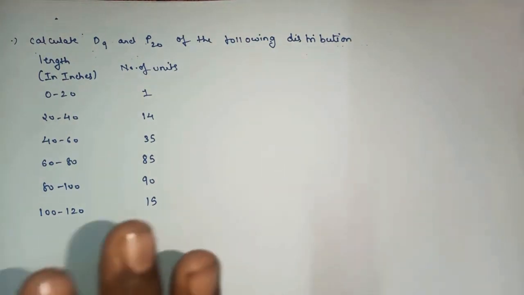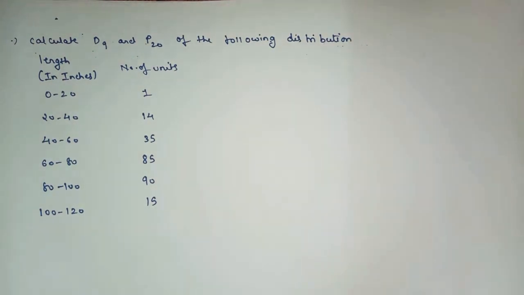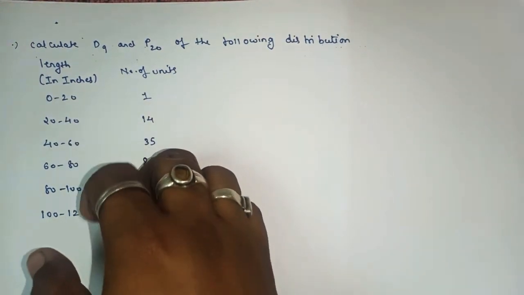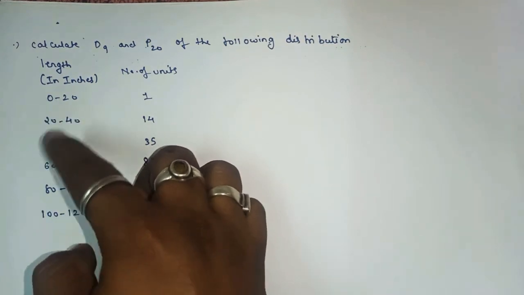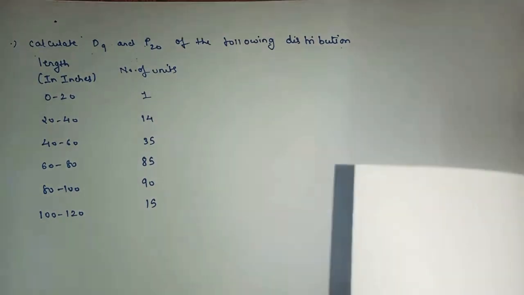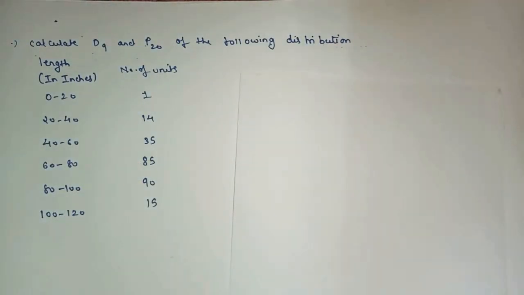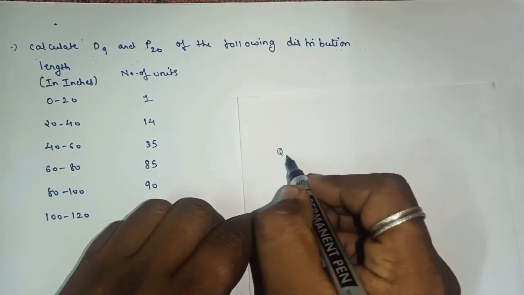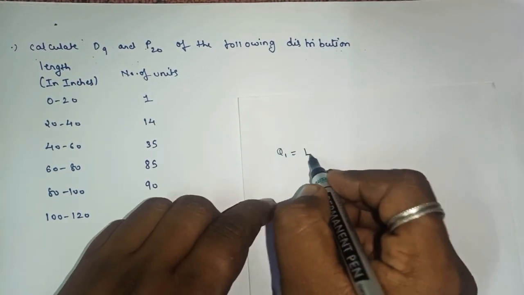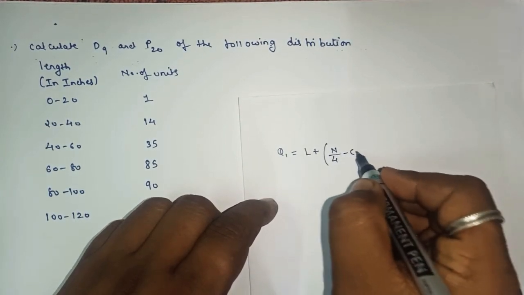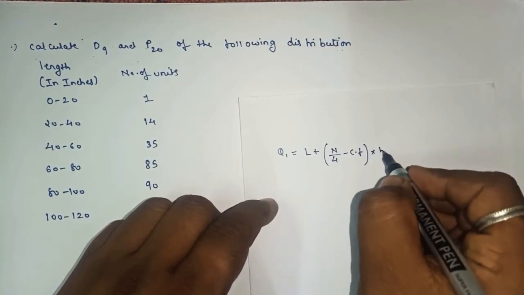So now we're going to do type number 3, where we have the class in groups, and clearly we can see the class is continuous. First we'll see how to frame the formula for type number 3. For the quartiles, we know the formula for q1 is L plus n upon 4 minus cf into h upon f.